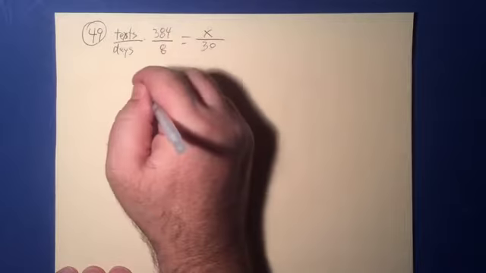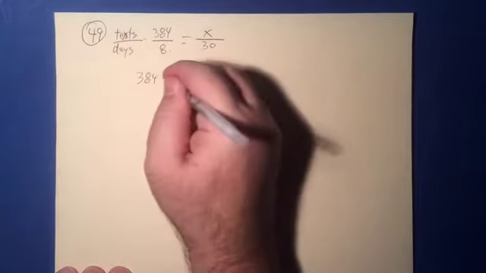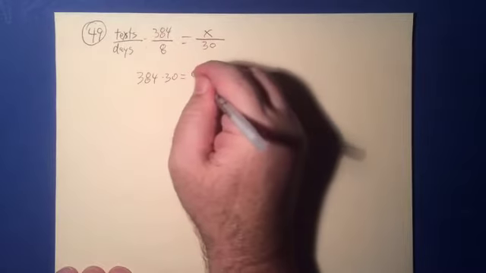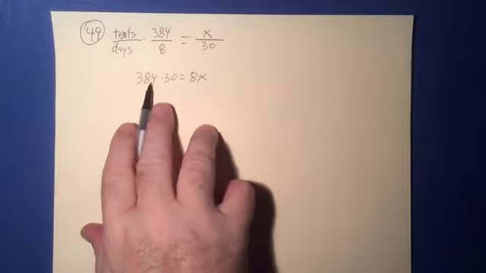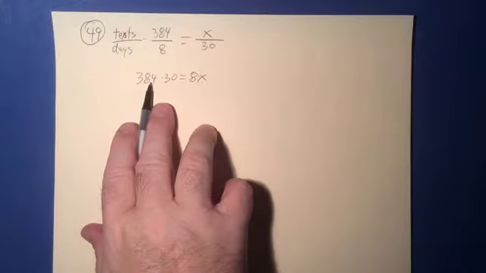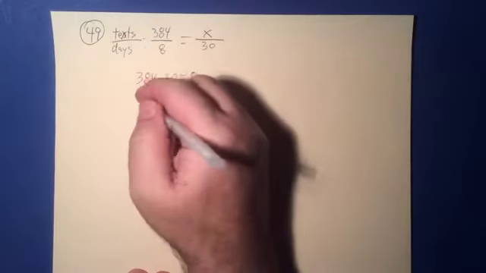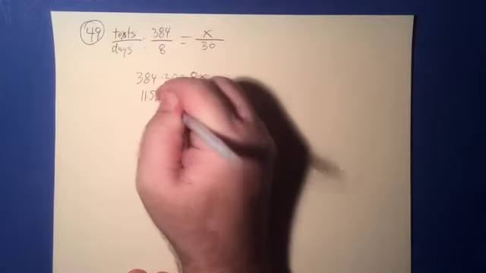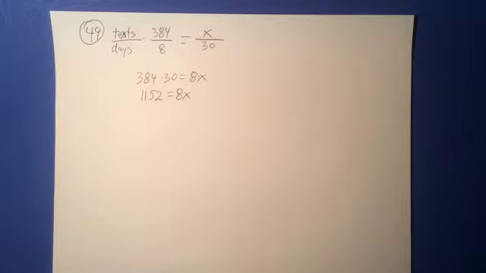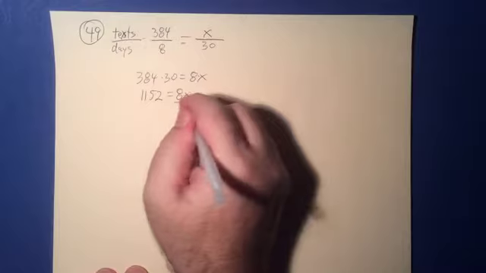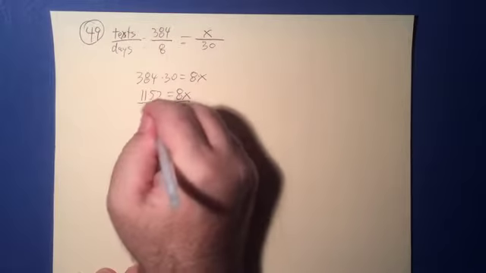That's going to mean that 384 times 30 is going to equal 8 times x. If my quick calculations are correct here, this is going to be 1152 equal to 8x. So now I'm going to divide by 8.